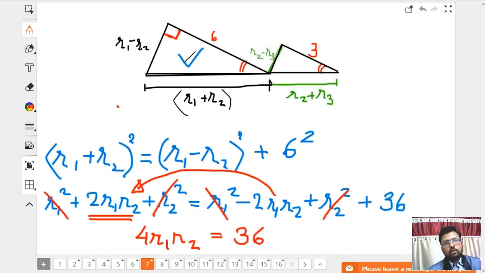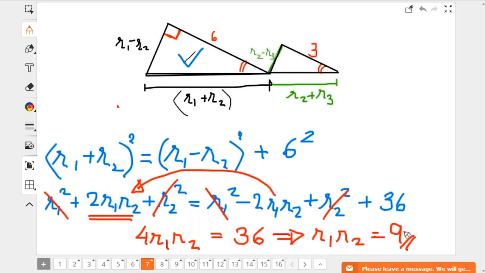So what is R1R2? R1R2 is equal to 36 by 4, which is 9. Therefore, R1R2 is equal to 9.